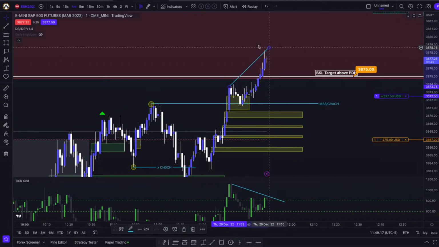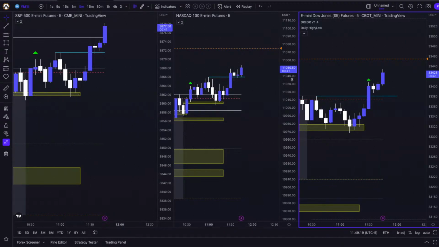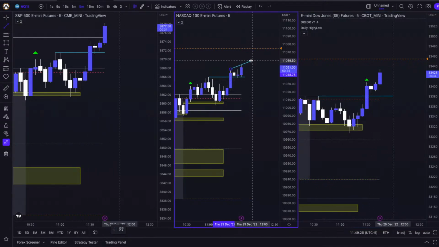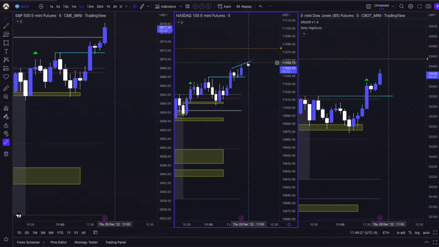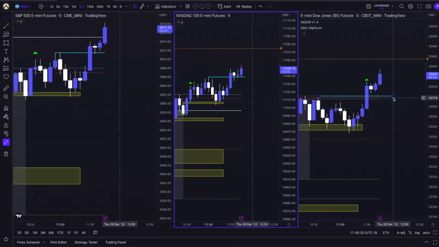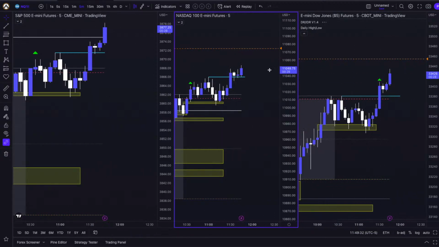All right. Let's check all three indices. All three indices formed a new higher high compared to the 11:30 high. So they all broke their high. There's no divergence between the indices right now.